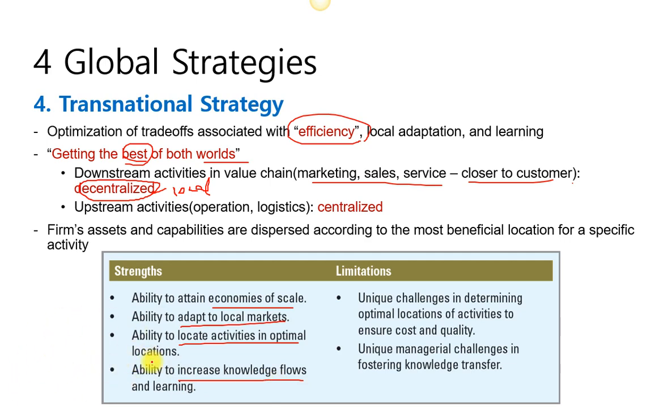There is some sort of knowledge passing by. Challenges? Well, there can be limitations on where to set up and things like that if your corporate is going for a transnational strategy. Okay, that's it.